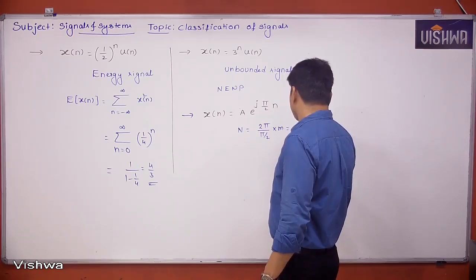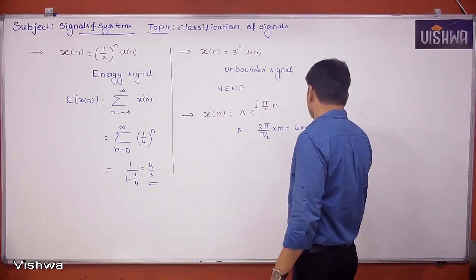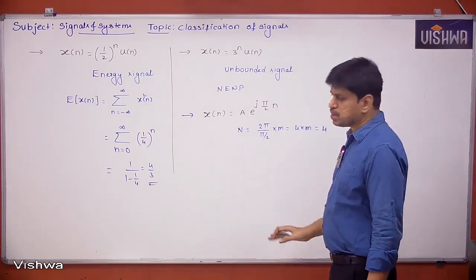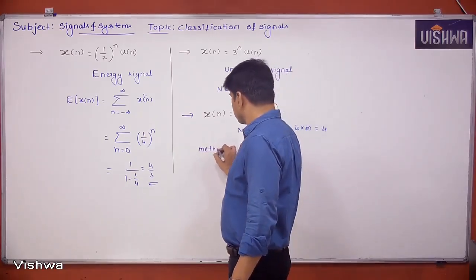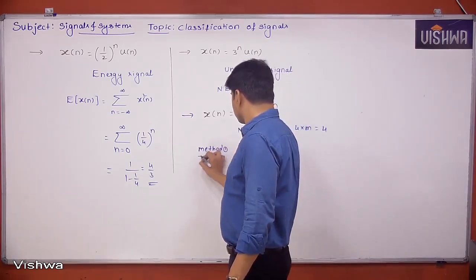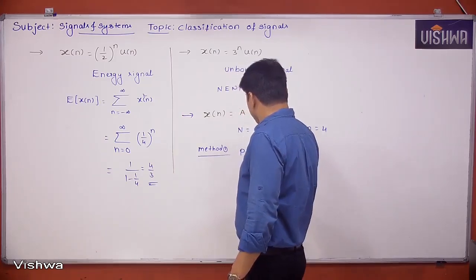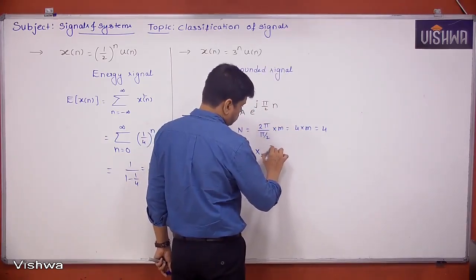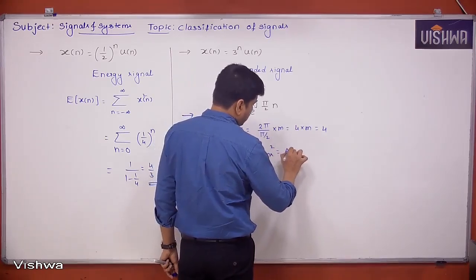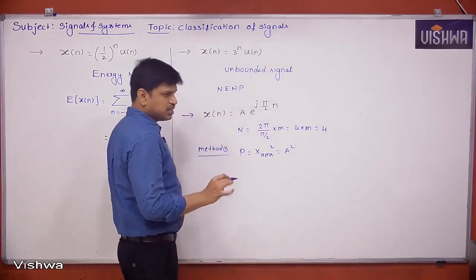So it is 4 into m, where m has to be 1, so it is nothing but 4. So it is a periodic signal. In method 1, directly, power is equal to x RMS square, which is a square. Directly there is a formula.